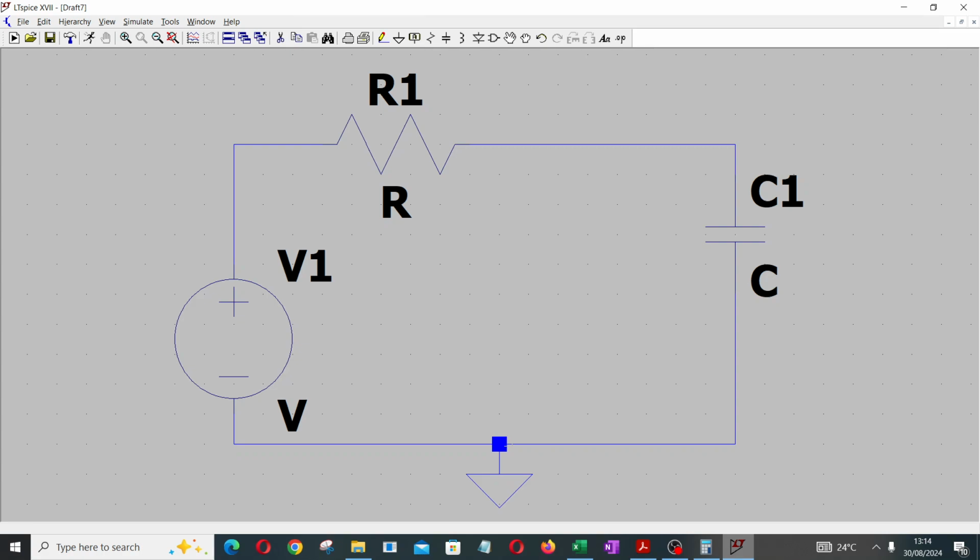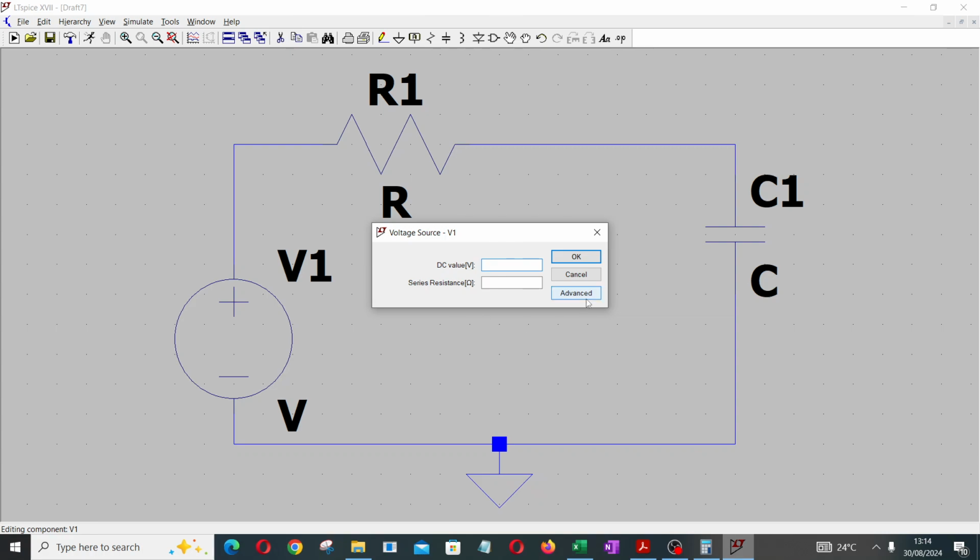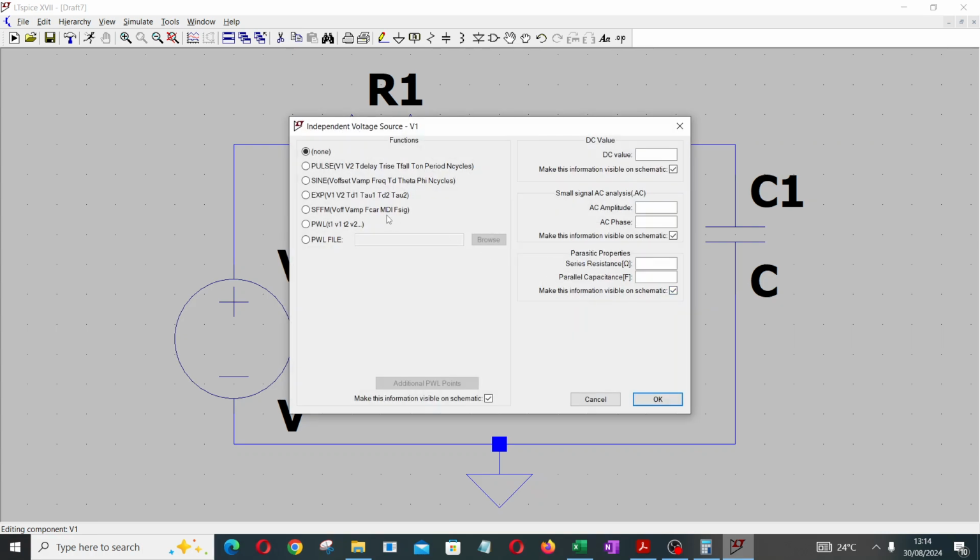So when you are done, we have connected all the circuit together, but we have not assigned values to these components. Let's start from this. Right click the voltage source, click on advanced. Since it's a sinusoidal waveform, we click this button for the sinusoidal waveform. DC offset, you are told to use the value of 0, amplitude of 1 volt, that is 2 volt peak to peak, frequency of 500 Hz, and every other thing can be left like that.